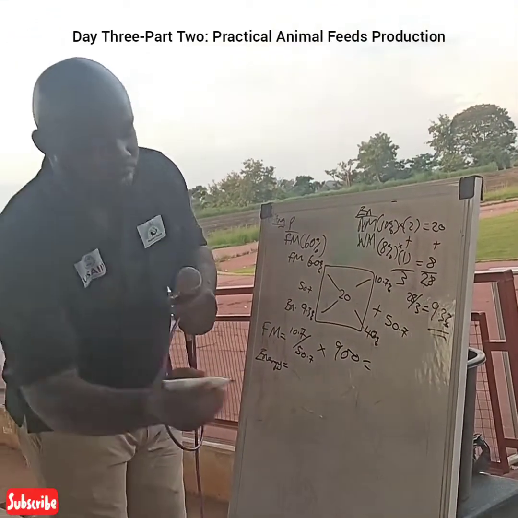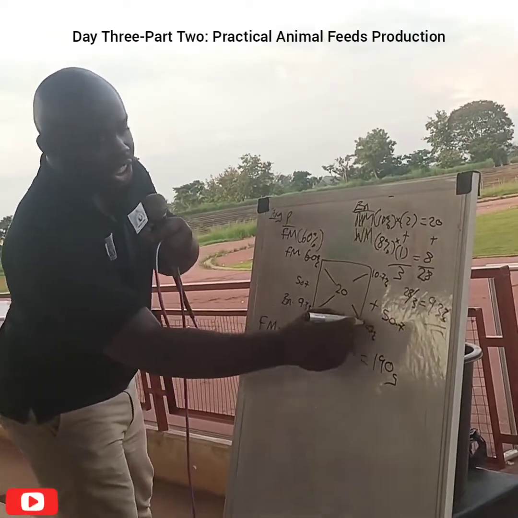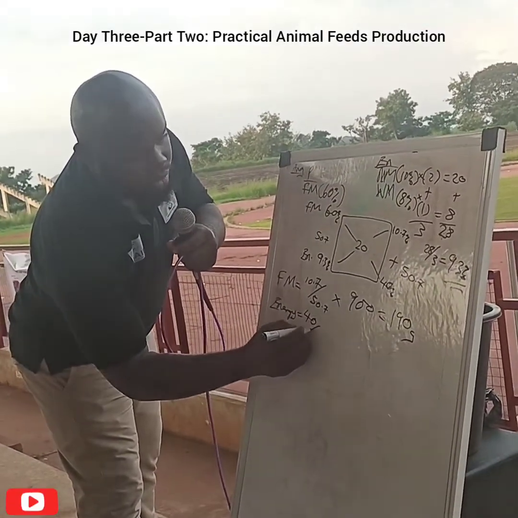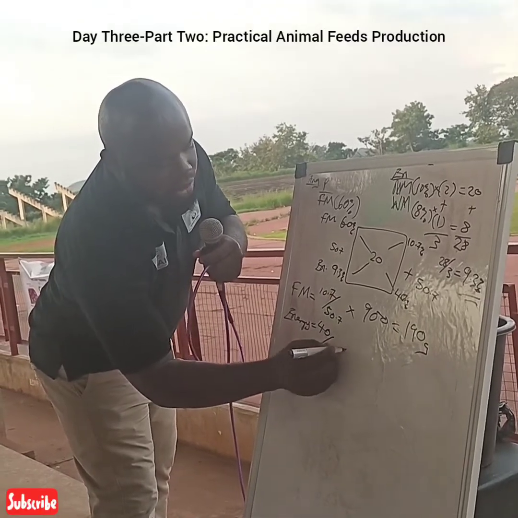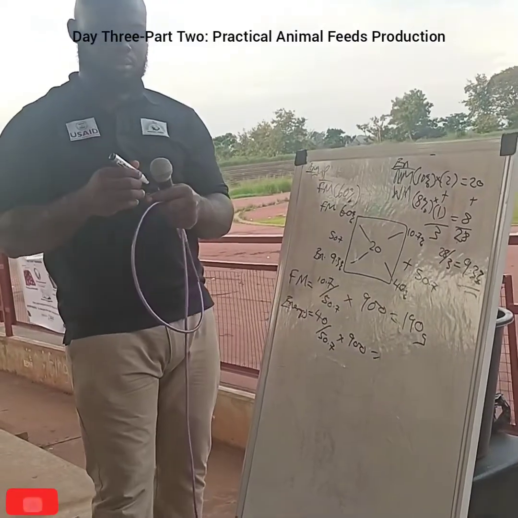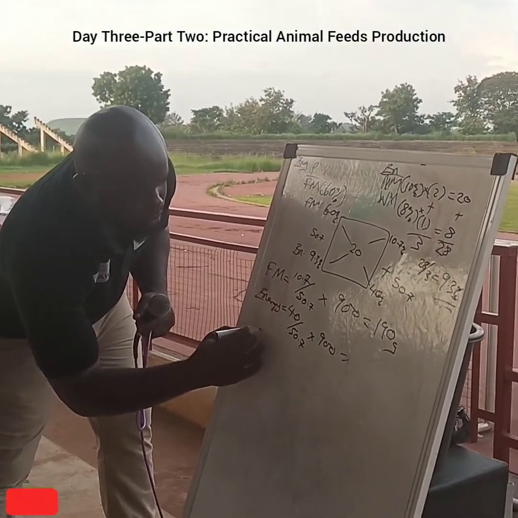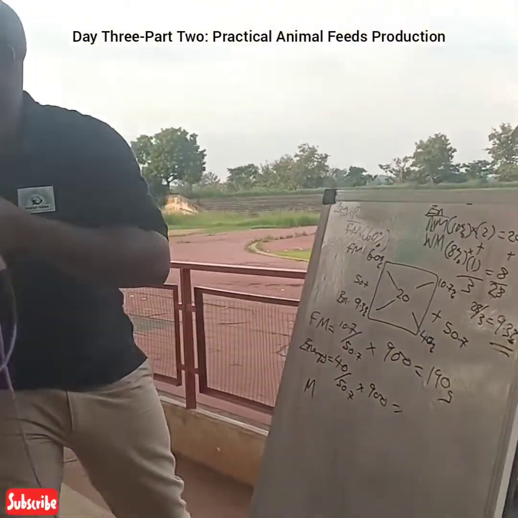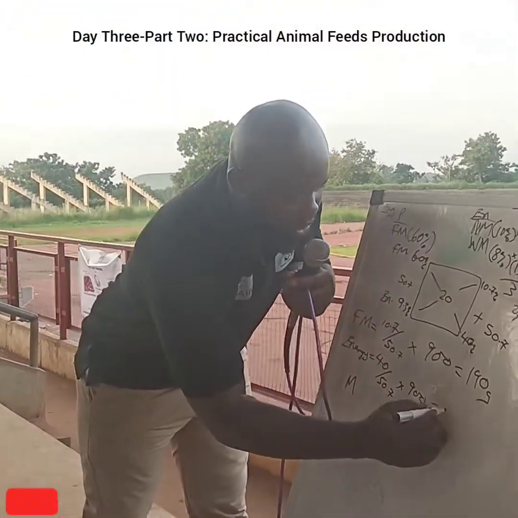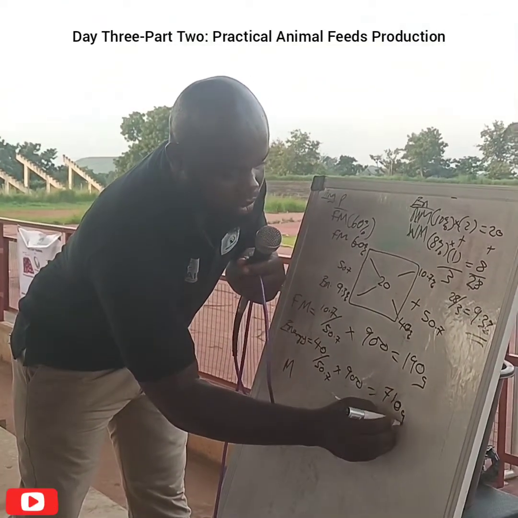190 gram. Then energy is 40 divided by 50.7 times 900 gram. 710 gram.